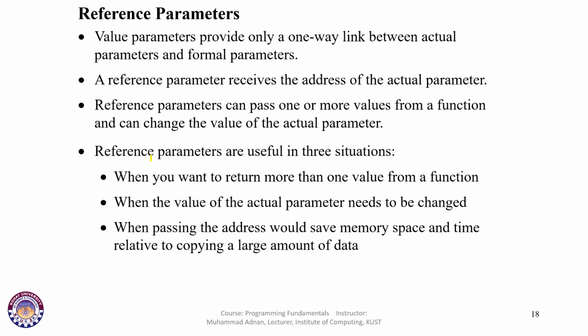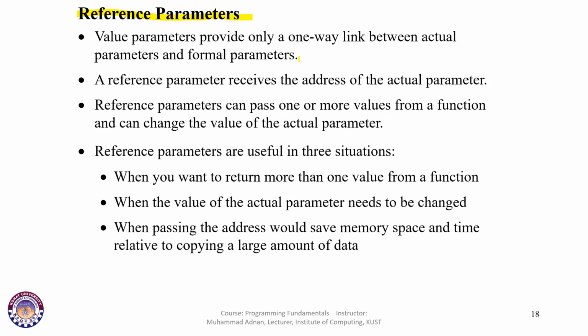Okay, so what are reference variables or reference parameters? Value parameters provide only a one-way link between actual parameters and formal parameters. So we have a one-way link between actual parameters, actual variables, and formal variables. A reference parameter receives the address of the actual parameter.